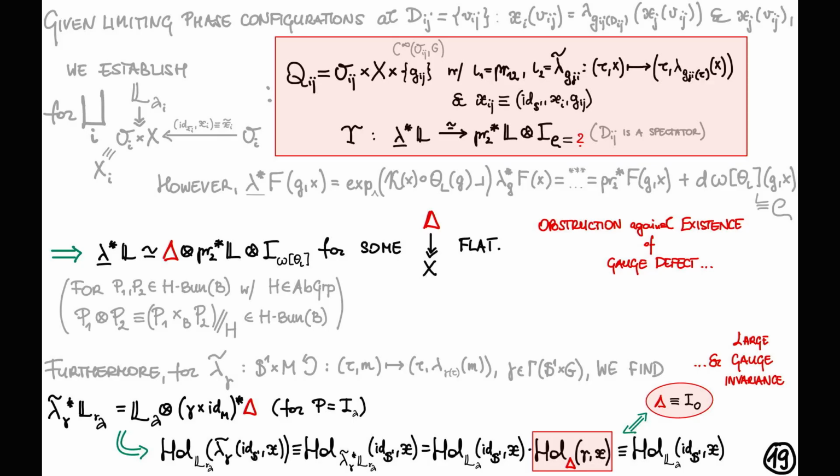But if I now perform a gauge transformation of the holonomy, I will get, so the holonomy of a tensor product of two bundles is the product of the two holonomies. Okay? So I get invariance of the holonomy bit up to a holonomy contribution coming from the flat bundle.